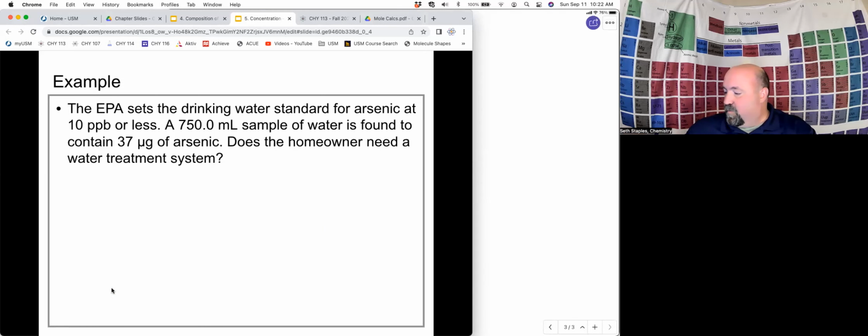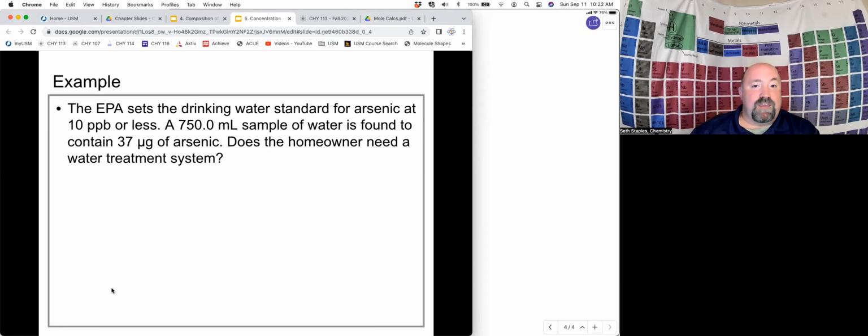And so here, we're given an environmental example where the EPA sets the drinking water standard for the acceptable level of arsenic at 10 parts per billion or less. And so we take a sample of water, 750 milliliters of water, and we're able to actually measure the amount of arsenic in there. And we find that it's 37 micrograms of arsenic.